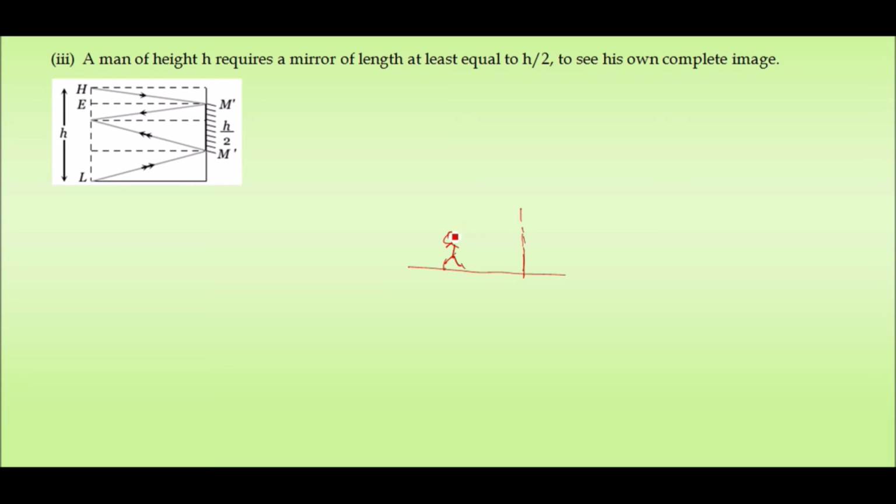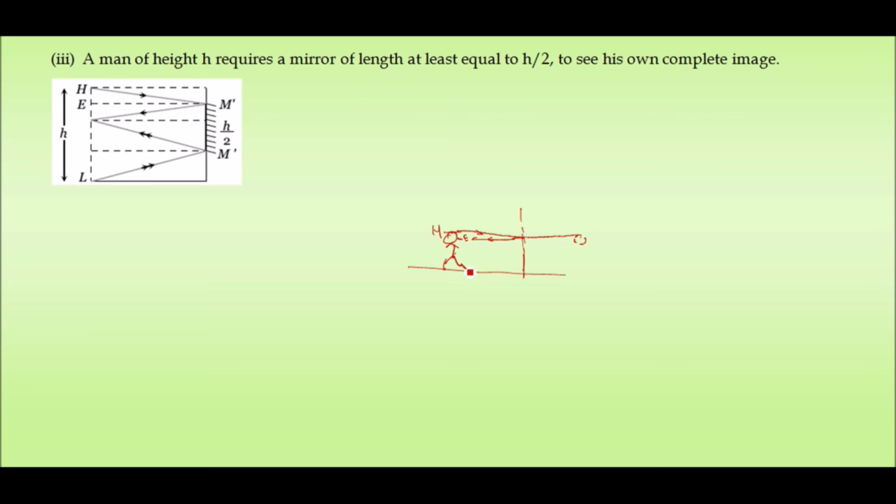Suppose this is the topmost point of his head, and this is his eye. He will be able to see his head if the light ray after reflection from the mirror comes to his eye. In this case it seems that the light ray is coming from his head in the image.